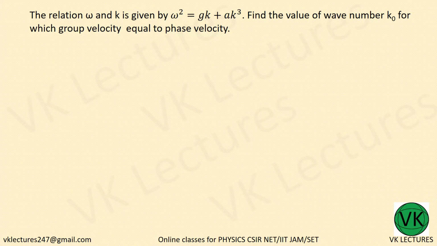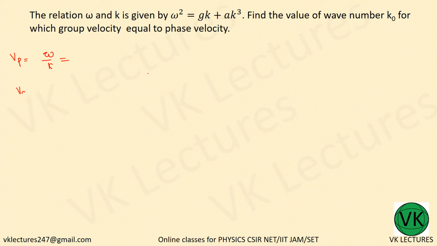The relation between omega and k is given by omega square is equal to gk plus a k cube. Now omega is given, we can write omega by k, which is the, sorry, it is Vp. Group velocity we don't know.